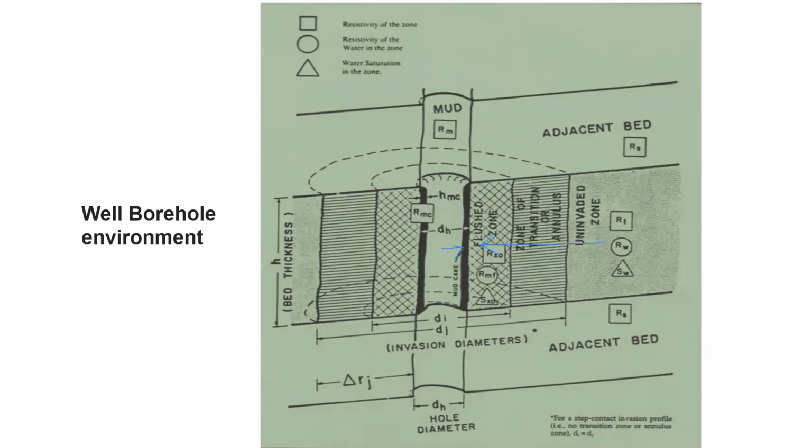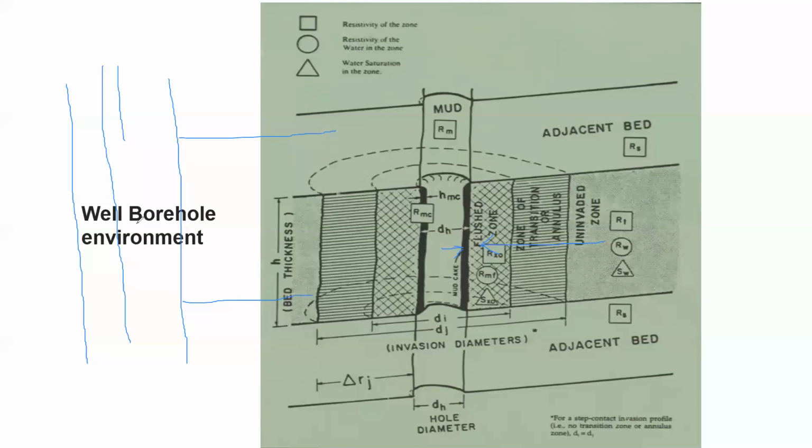All right, let's draw the sketch. I am assuming this is your well bore and this is your formation. In between, you have your drill pipes, and at the end you have the bit that is continuously drilling.